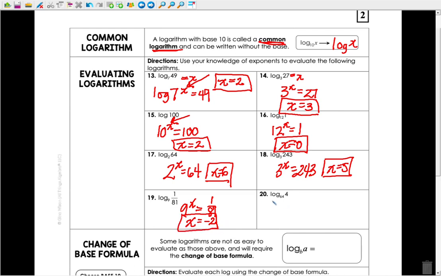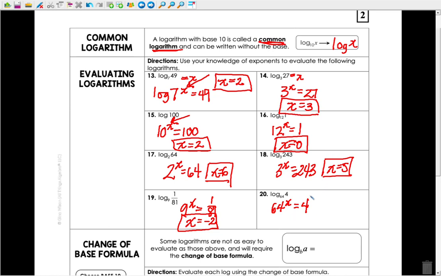And the last one is log base 64 of x equals 4. Whenever your base is bigger than your value over here, this means your exponent, your value for your x, is going to be fractional. So if I wanted to find this, I'm asking myself 4 to what power would give me 64?